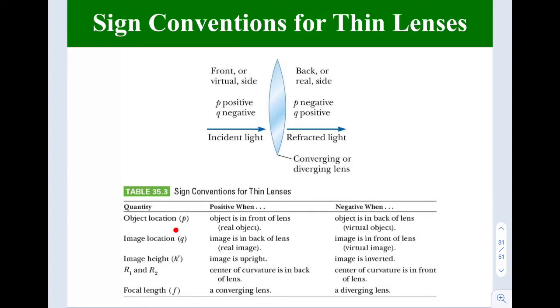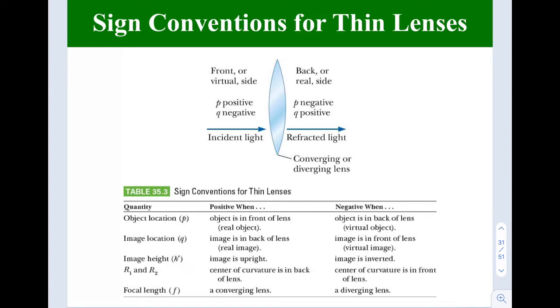Based on this convention, the object location P will be positive when the object is in front of the lens. It will be negative if it is at the back; we also know this as a virtual object. The image location Q will be positive when it is at the back, a real image. If it is negative, it means that it is virtual and in front of the lens.